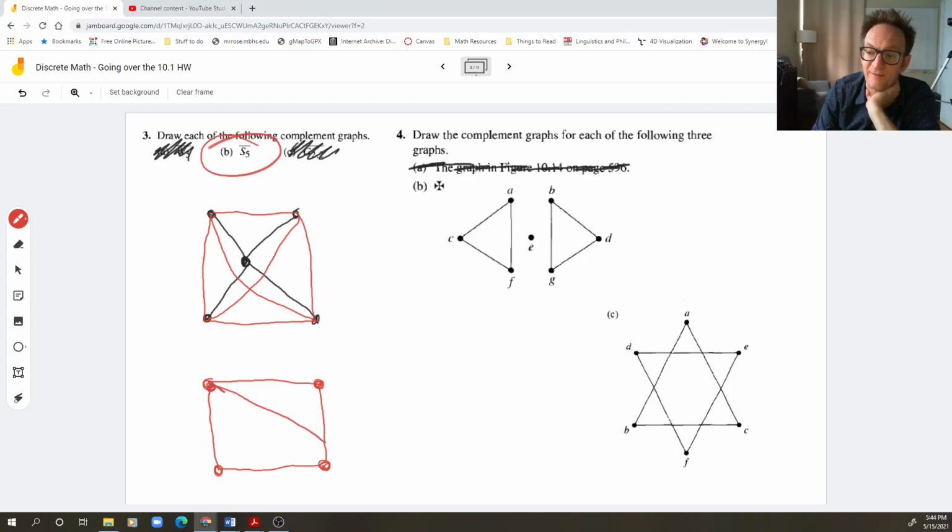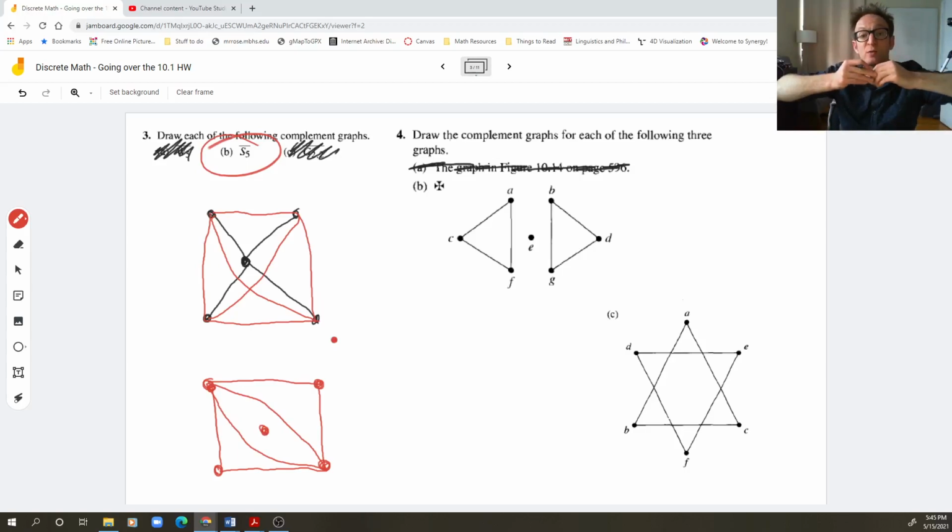And so we have kind of like a K4. But then there's also this extra vertex in the middle. That extra vertex, which had degree 4 because it was connected to every vertex in the original graph, now has degree 0. Now it's connected to no vertices. And so that's pretty much it. And yeah, interesting.